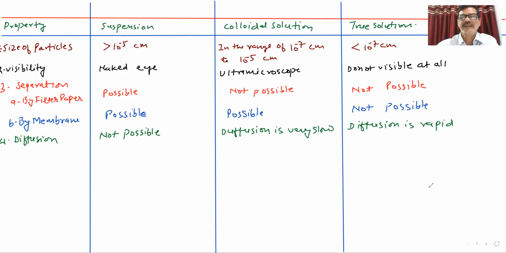After this, we can see the fifth property. Fifth property is settling. When we keep the solution for some time, the solid particles settle down under gravity.